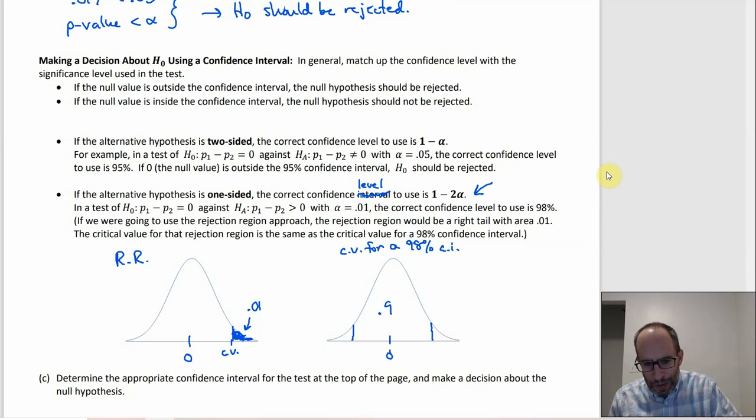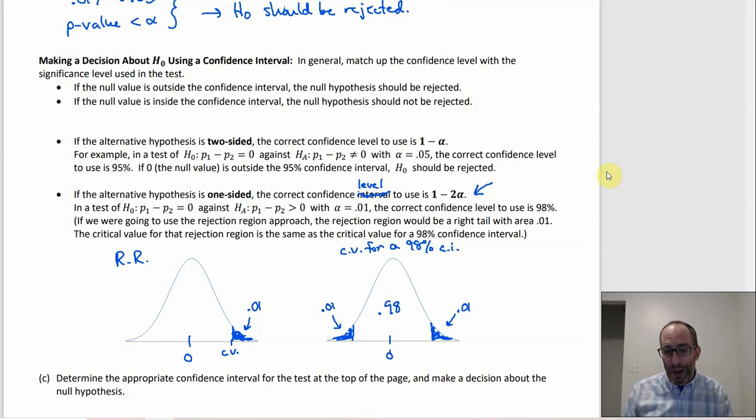So then if you have a 0.98 there, you'd have 0.01 in each tail, like the 0.01 in the right tail in the other picture. That's why they don't match up exactly with the one-sided alternative. So if alpha was 0.01, it would be 98% confidence, right? Which is 1 minus 2 times 0.01.